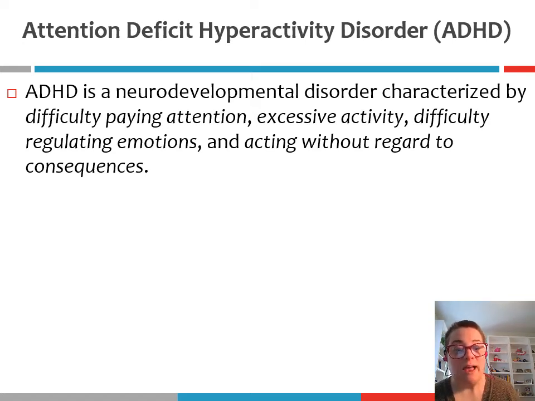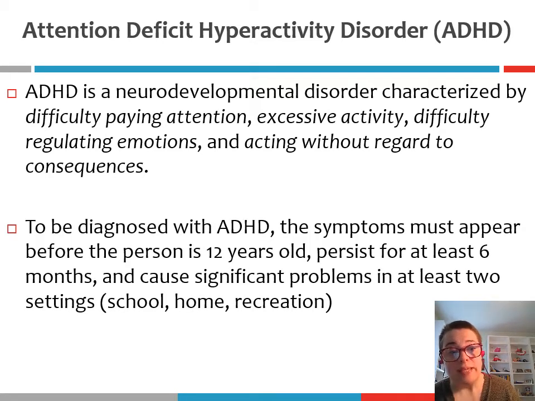So they often act without regard to potential consequences, or without thinking about all of the responses that might be available for that particular situation, right? So we have difficulty paying attention or concentrating, hyperactivity or excessive activity, emotional regulation challenges, and also impulsivity, or acting without regard to consequences.